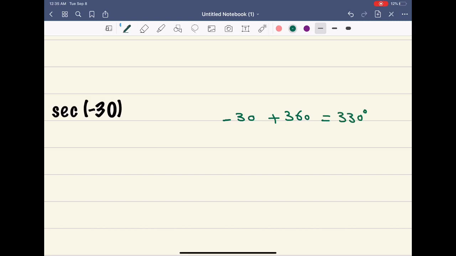And we know that 330 is more than 270 and less than 360. Therefore, this angle lies in the fourth quadrant, and we know that secant is positive in the fourth quadrant. Then this sign is positive.